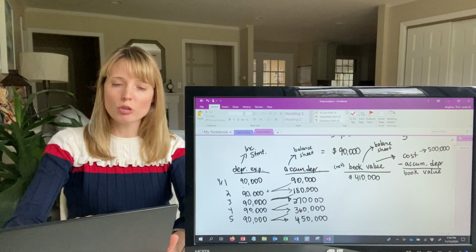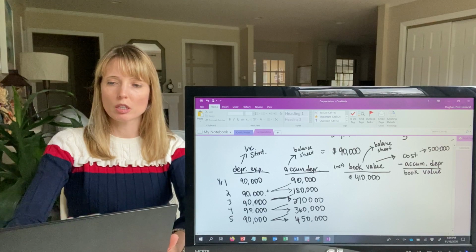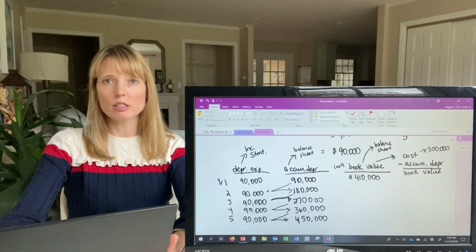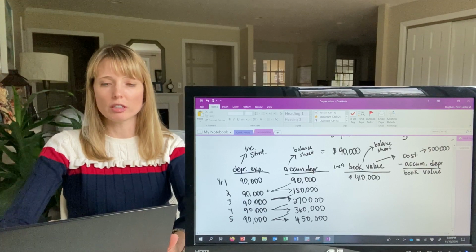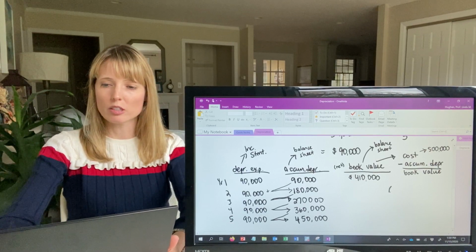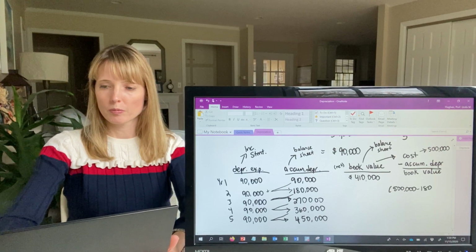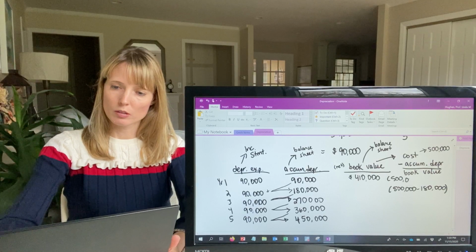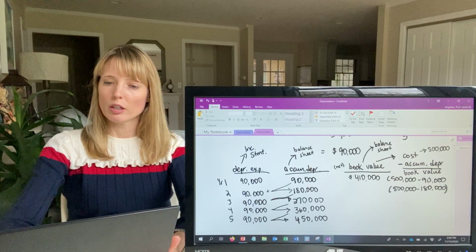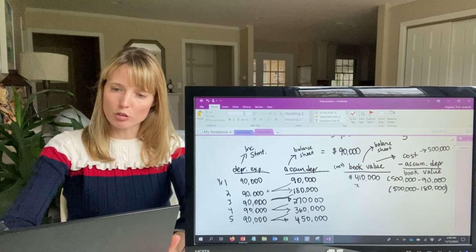We can either reduce that an additional 90,000 for one more depreciation expense, or we can say the asset's initial cost of 500,000 less the accumulated depreciation at the end of year 2 of 180,000 is equal to our book value at the end of year 2 of 320,000.